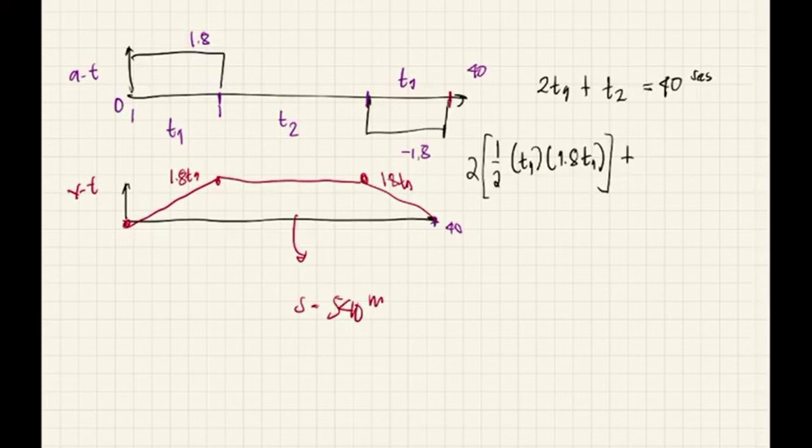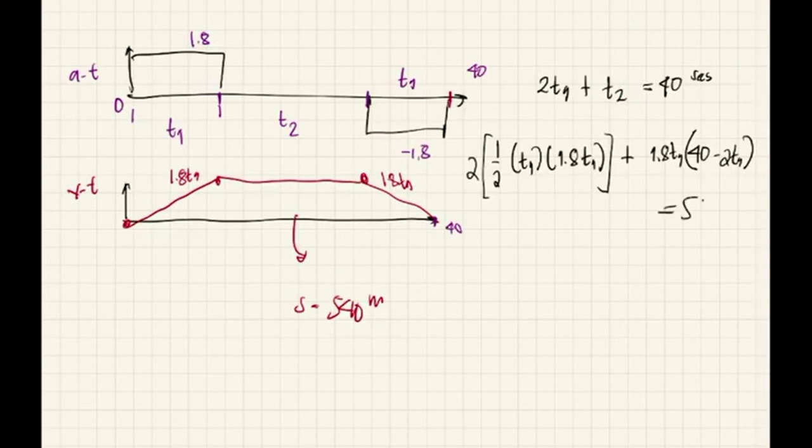Tapos, yung rectangle, actually pwede natin gawin na yung area ng rectangle is 1.8 t sub 1, yung height. Tapos, yung kanyang length ay 40 minus 2t sub 1. Diba? Okay? Kasi yan din naman equal sa t sub 2 eh. Yan o, t sub 2 equals 40 minus 2t sub 1. O, yun. Okay na yan.